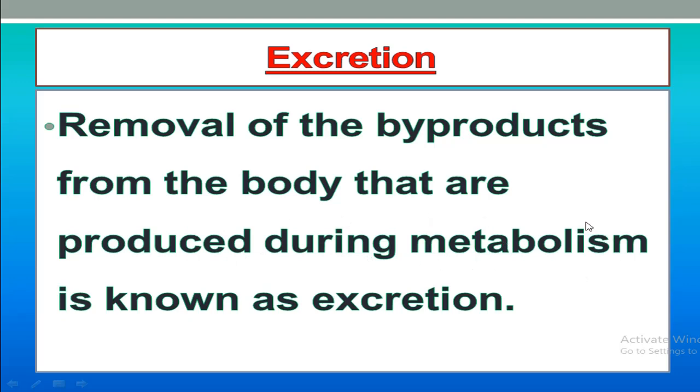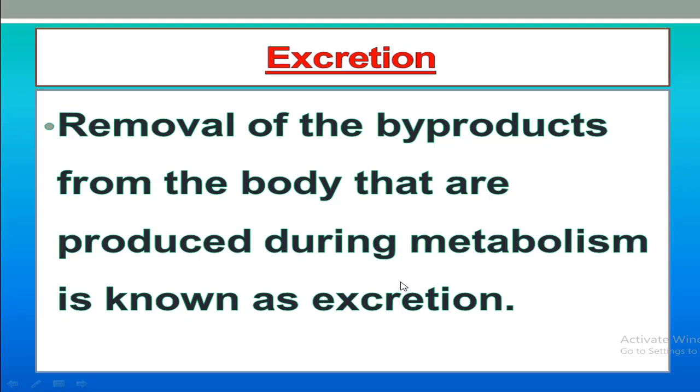What is metabolism? Metabolism means the biochemical reactions that occur in the living cells. So during metabolism, waste materials, or byproducts, are produced. The removal of the byproducts from the body that are produced during metabolism is known as excretion.